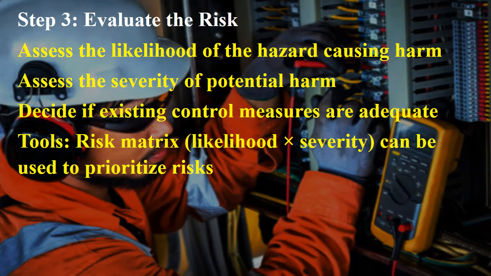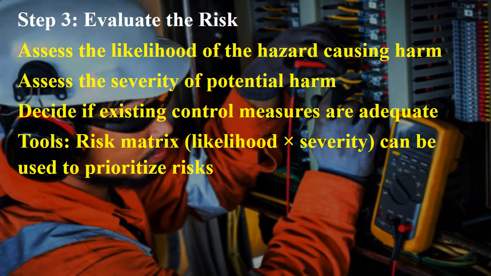Step 3. Evaluate the risk. Assess the likelihood of the hazard causing harm, assess the severity of potential harm, and decide if existing control measures are adequate. The tool to assess the likelihood of the hazard is the risk matrix. Later I will do a video on this.